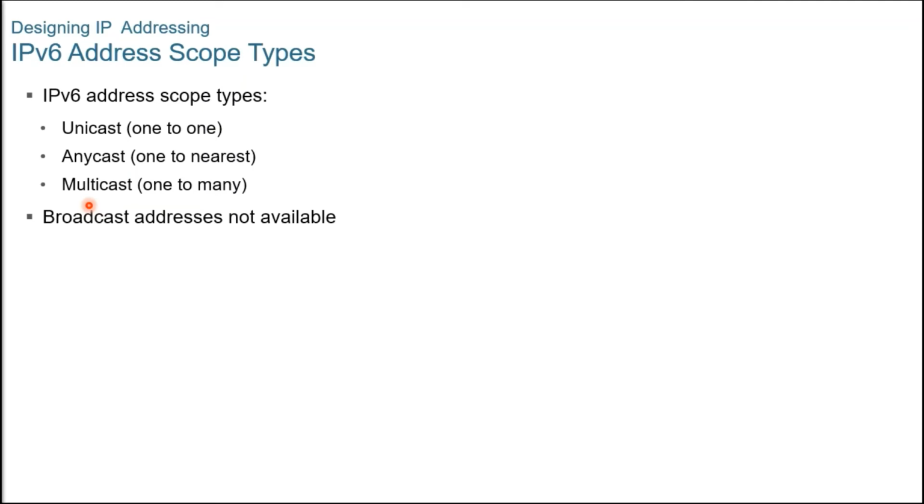IPv6 multicast addresses have a 4-bit scope identifier, or ID, to specify how far the multicast packet may travel. IPv6 has no concept of broadcast addresses. Multicast addresses are used instead.